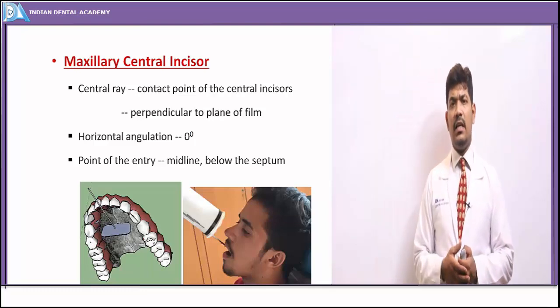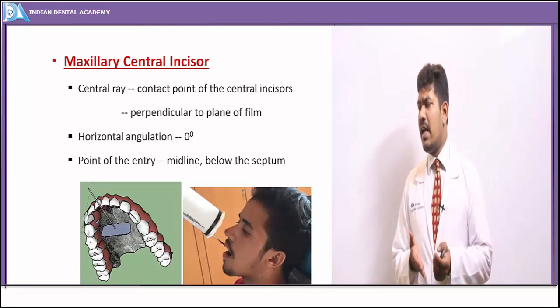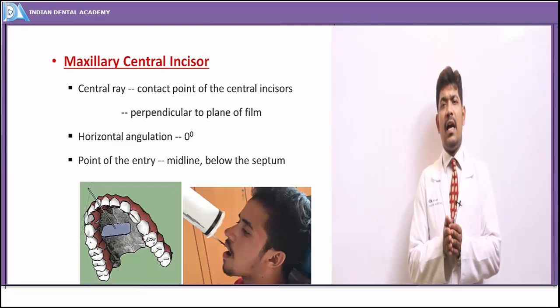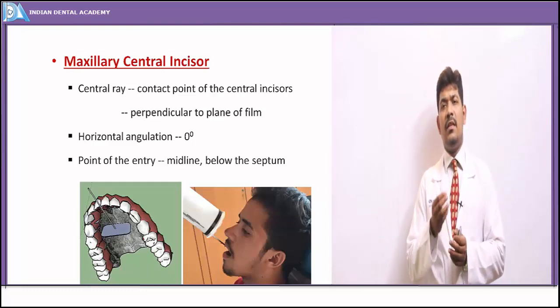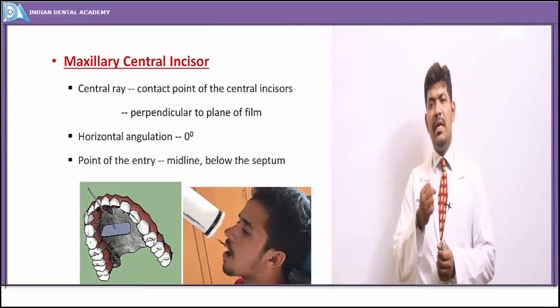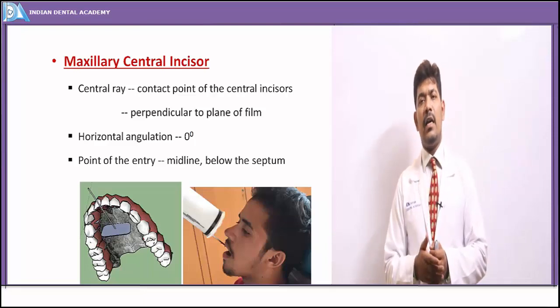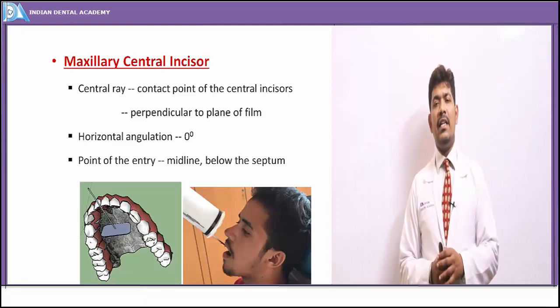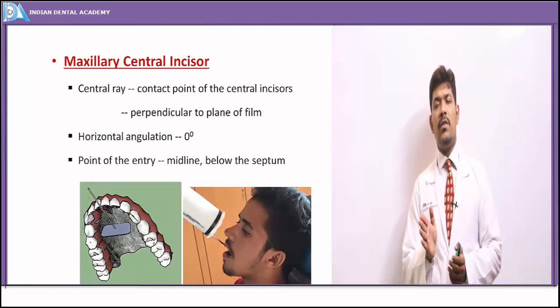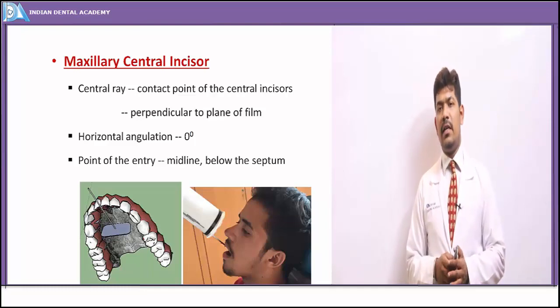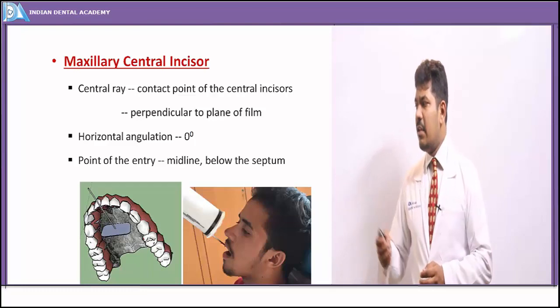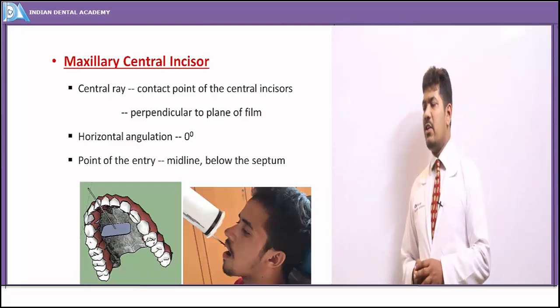The horizontal angulation is mainly the angulation which enables the central X-ray beam to hit at perpendicular angles to the tangent which passes through the buccal surfaces of the maxillary or the mandibular teeth. So that being said, the first is the maxillary central incisor.